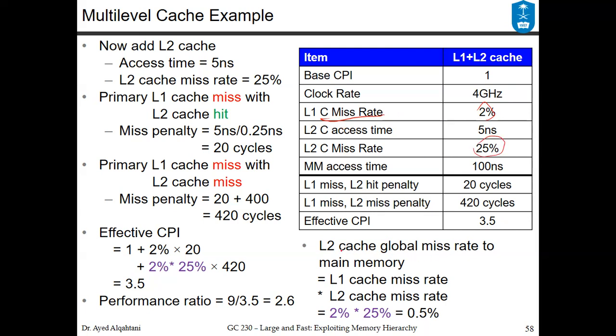If you want to get the level 2 cache global miss rate, which means that you already missed the level 1 cache, and you also missed the level 2 cache, and you went to the main memory, then that's actually the 2% multiplied by the 25%, which is the purple term here. So 2% times 25% is actually 0.5%, and this is called the level 2 cache global miss rate.